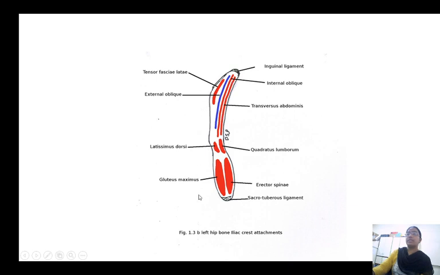This is the ventral segment, this is the dorsal. In the ventral, it consists of three areas: outer, intermediate and inner. As we have discussed, the posterior fibers of the external oblique descend vertically downwards and insert into the outer lip of the iliac crest. So this is where they get inserted.